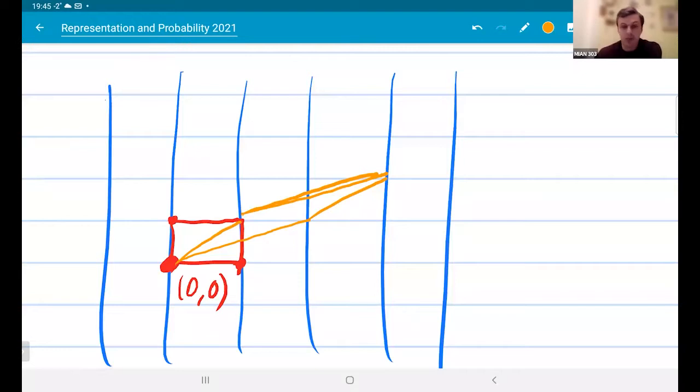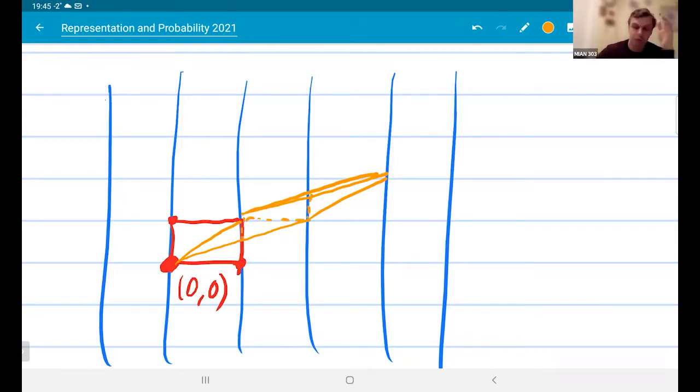Now it still is not clear how this image fits back into the torus. But if you want to consider the map on a torus as a map on this fundamental domain, on this square, you need to shift each segment.